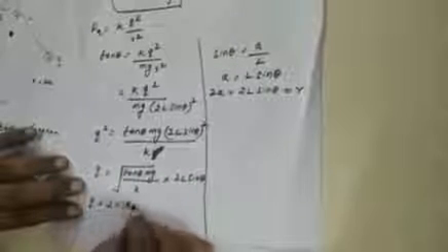Substituting the values in this equation, q is equal to 2 into, what is the value of L? Length is equal to 1 into 10 power minus 2 into sin 30 into root of tan 30 into m is equal to 10 power minus 3 and g is equal to 10, divided by, what is the value of k? 9 into 10 power 9, we are having.